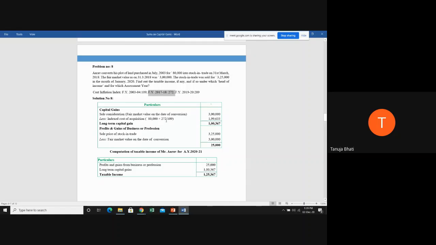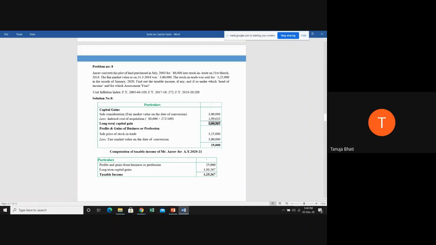So into 272 divided by the year of acquisition, 2003. So what is the CII of the year 2003? It is 109. So you have taken 80,000 into 272 divided by 109, which you have got as 1,99,633. Less index cost of improvement, which is again nil. So what is the long-term capital gain?